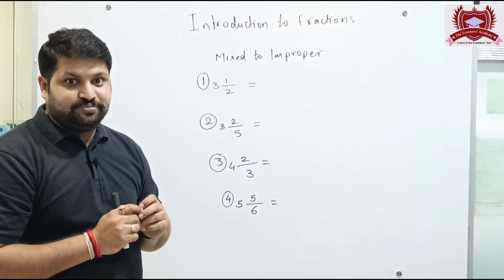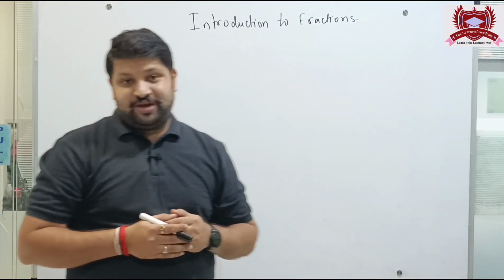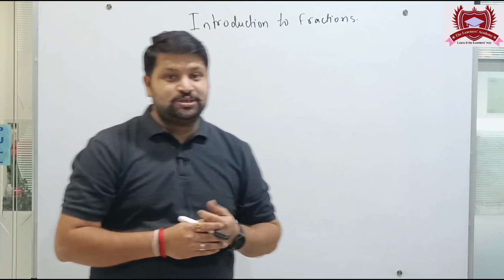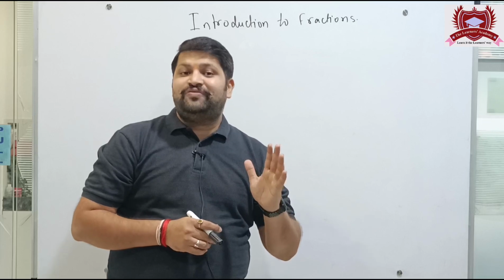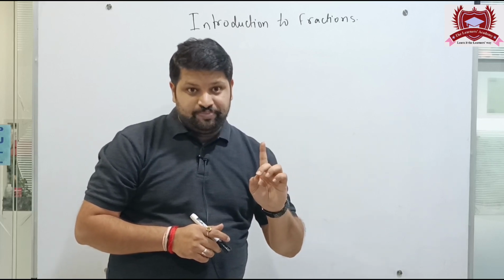Now let us consider the next type of fractions that we have. This type of fraction is a subtype of proper fractions. This is called unit fractions. In unit fractions, the numerators are always 1.